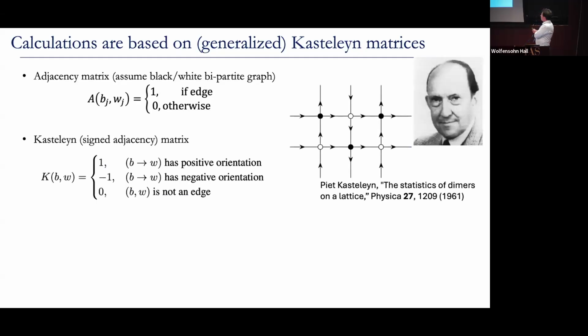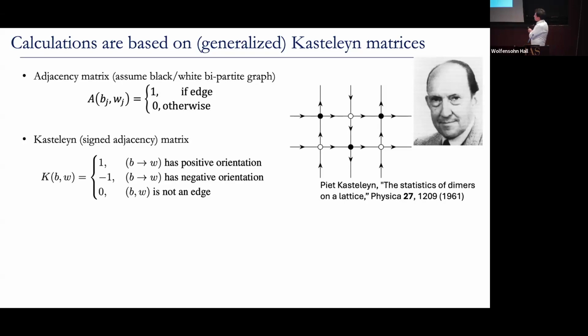Kasteleyn figured out that, for instance, in order to calculate the number of possible dimer coverings, you just need to enrich this adjacency matrix with sign assignments. So you put an orientation on your lattice. If an edge has positive orientation, it's +1. If it has negative orientation, it's -1.